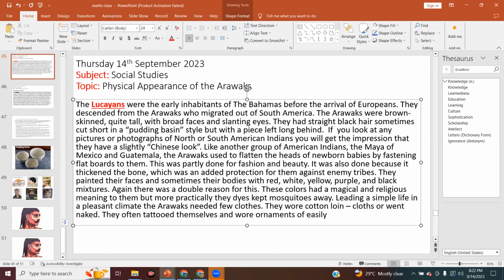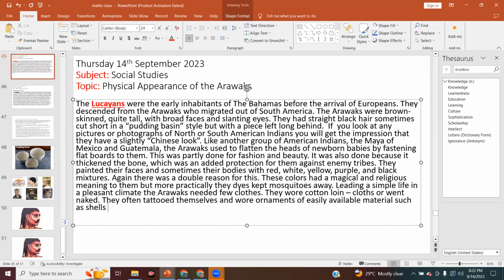They wore ornaments of easily available material. So they would make it out of shells, right? What else could they make their jewelry from? Shells, bones.